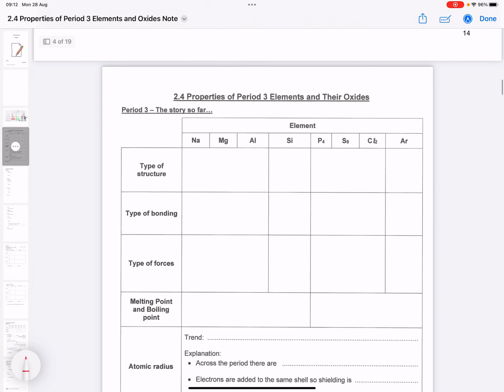They are all metals, so their structure is giant metallic lattice, which means that the type of bonding is metallic, and you could put that definition in, and the type of forces here, strong forces of attraction between positive metal ions and delocalized electrons.